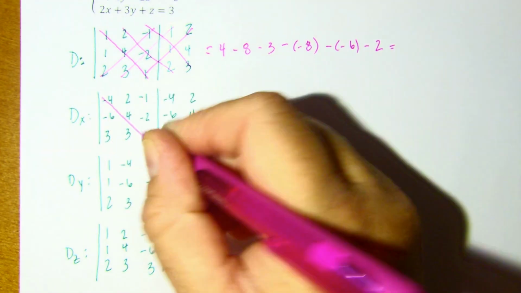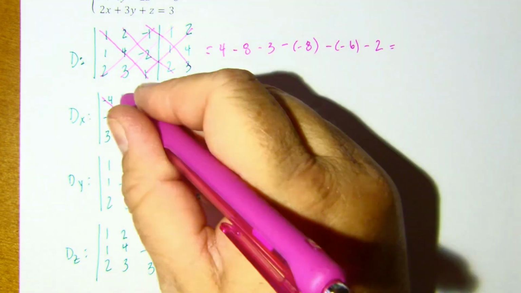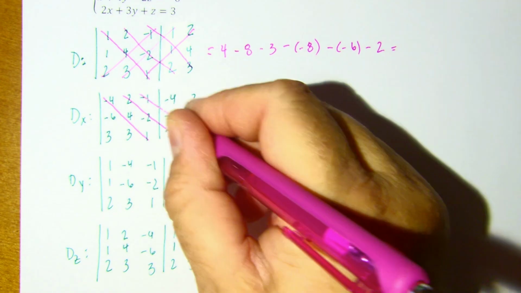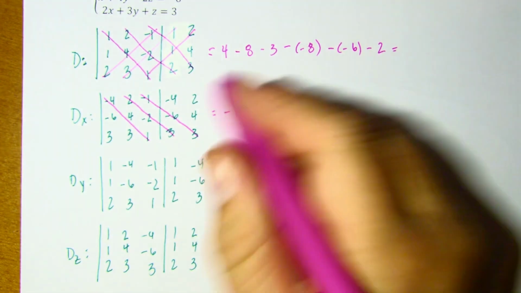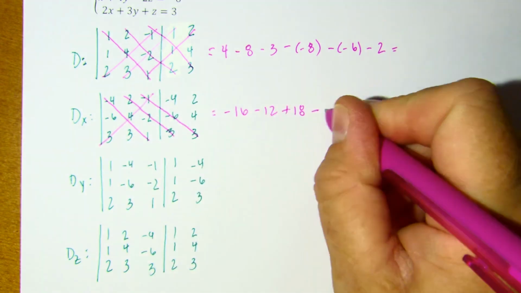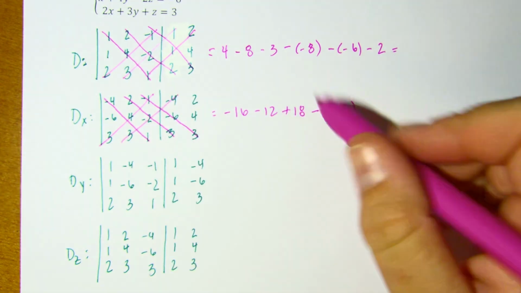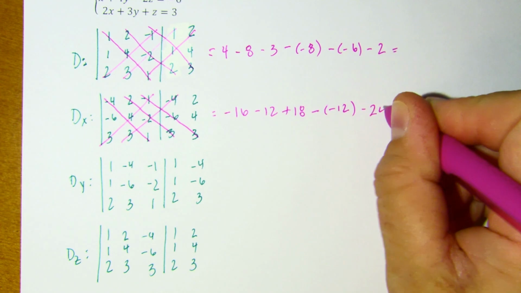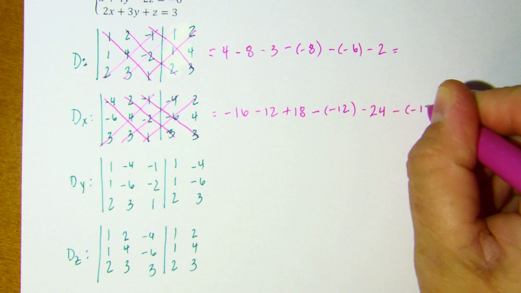So again, down the main diagonal, -4 times 4 is -16. And then we have -12, and then plus 18, minus the opposite diagonals. 3 times 4 times -1 is -12. And then we have 8 and 3 is 24, minus 24. And then minus -12.